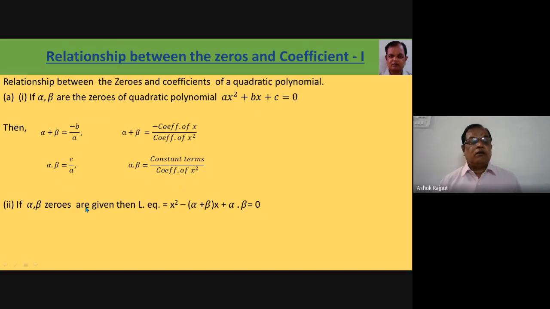In such a way we can find the equation also, if zeros are given. If a quadratic equation is given, we can find the sum of zeros and the multiplication of zeros. If zeros are given, we can find the quadratic equation using this formula or this method.